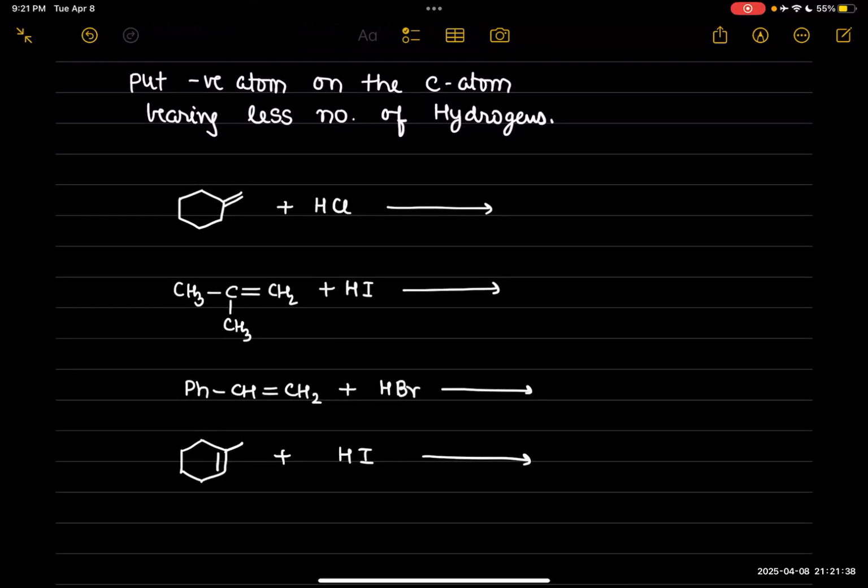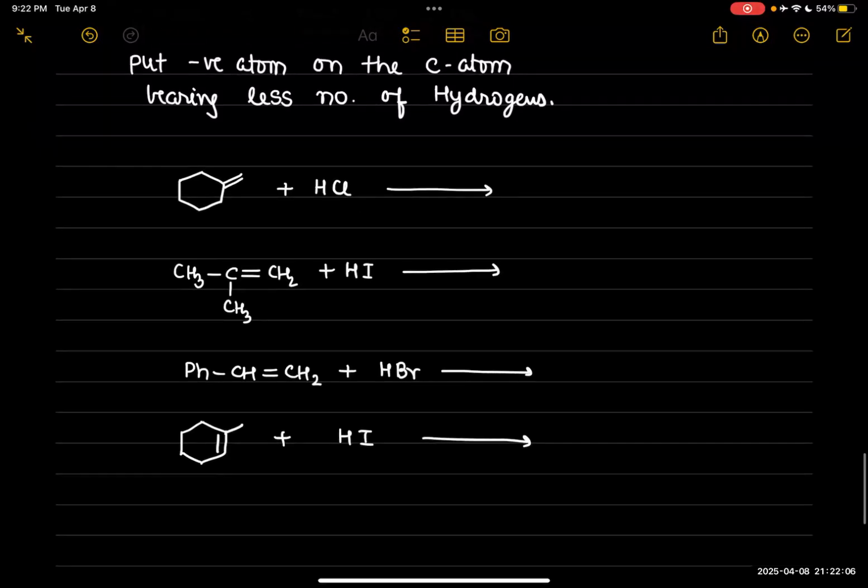There are two carbon atoms, one carrying more number of hydrogens. You are going to put the hydrogen atom only on that carbon atom which has more number of hydrogens. I hope this is clear to you. Are you getting my point? So I will write both the options. You need to tell me which product is the main answer, the right one or the left one.